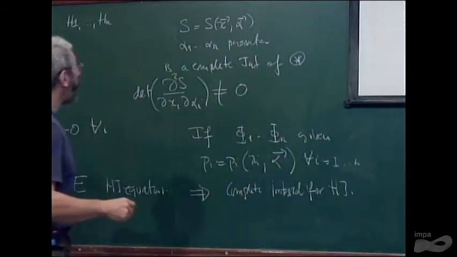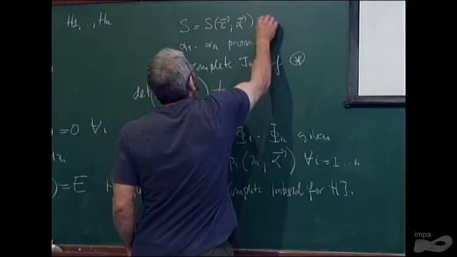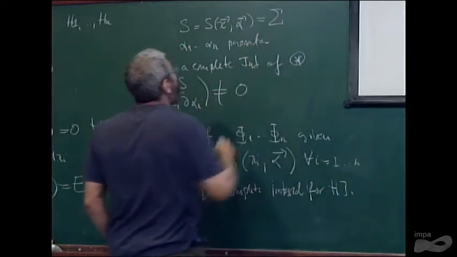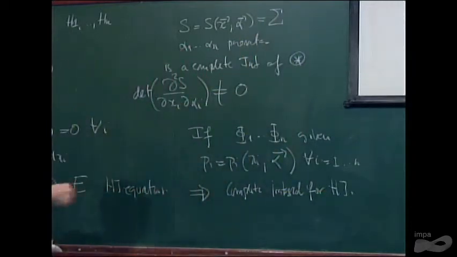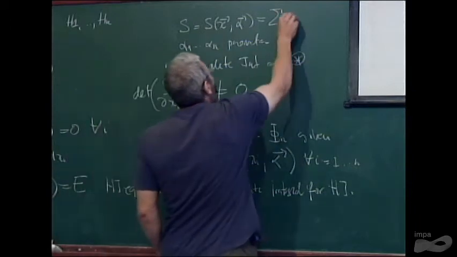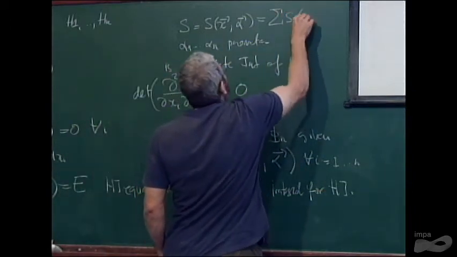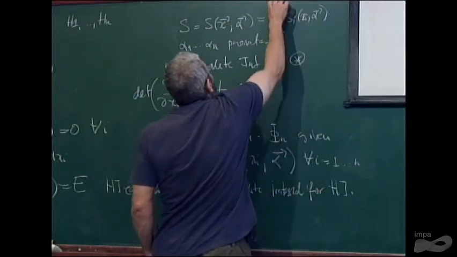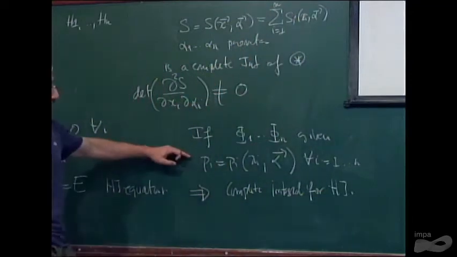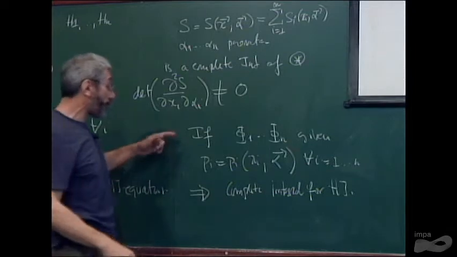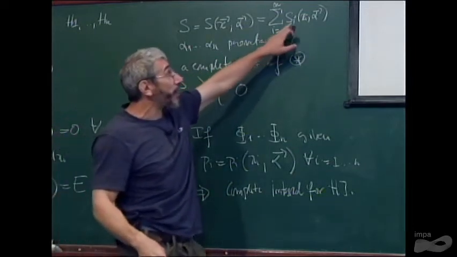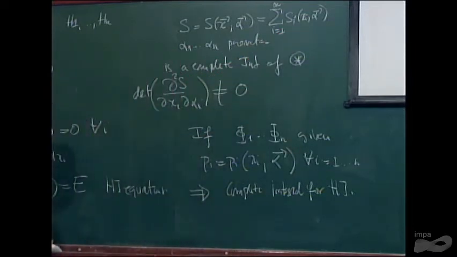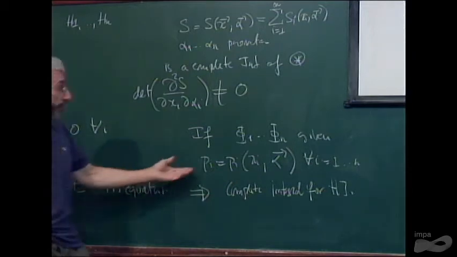I should say that what classically is meant by separable is the following: that this S can be written as a sum of S_i of x_i and alpha. When this condition is fulfilled, it is possible to find S_i by a simple integration of this p_i.